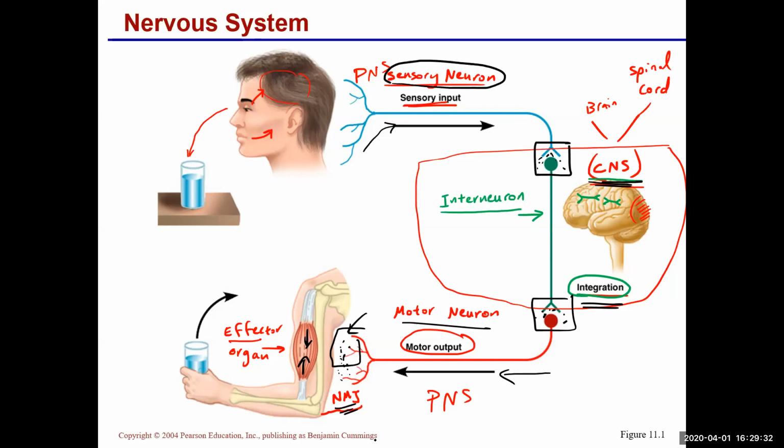So we're going to take a look at the second part a little bit later on, about how this communication takes place. So action potential needs to fire, so we can send the signal to a proper destination. In this case, from sensory to the integration center, and from integration center to the motor neuron, and from the motor neuron to the effector organ.